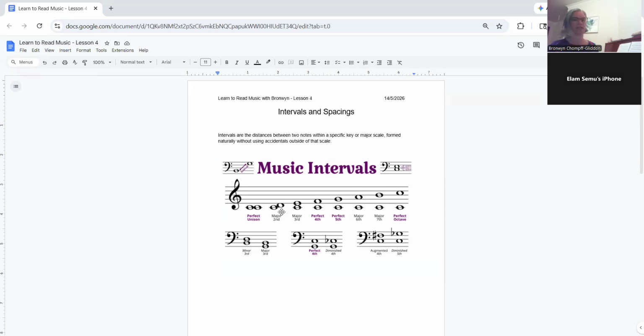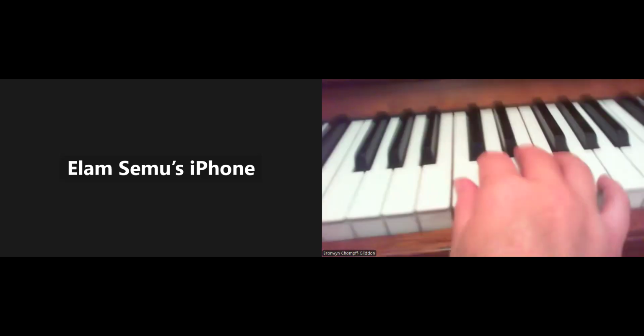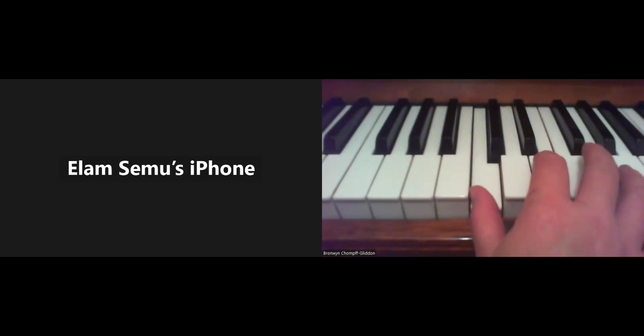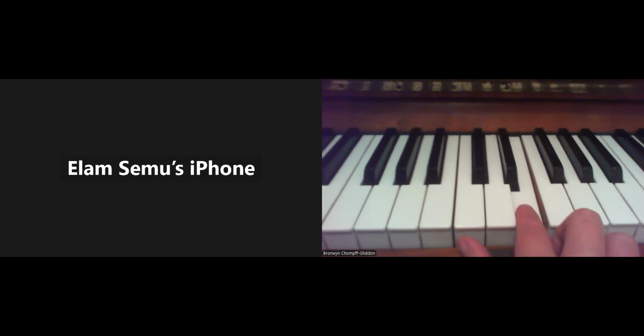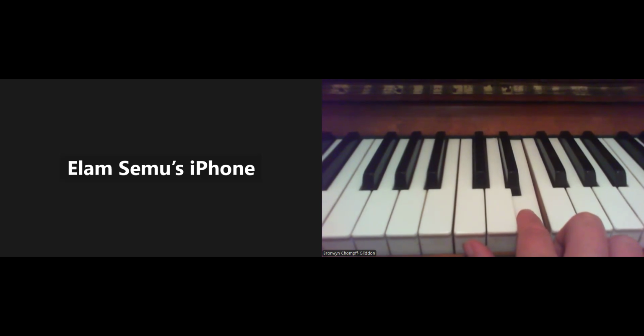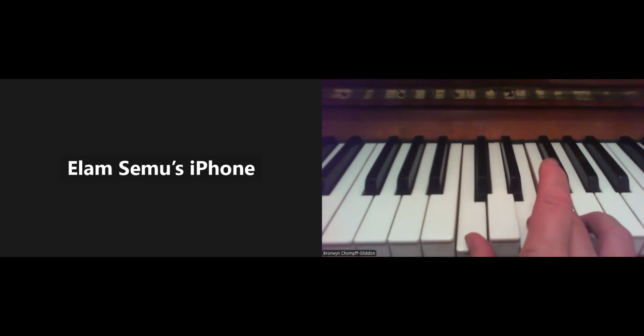In this example that's a C major, and so the tonic is the C. The third note is E, and it looks like this on the piano. Hang on, I'll need to stop sharing so that you can see it properly. So that's the tonic, that's the C, and then that's the E, which is the third. So that interval is a third.